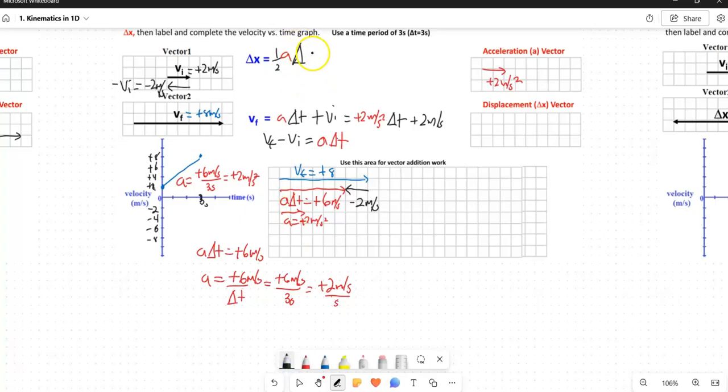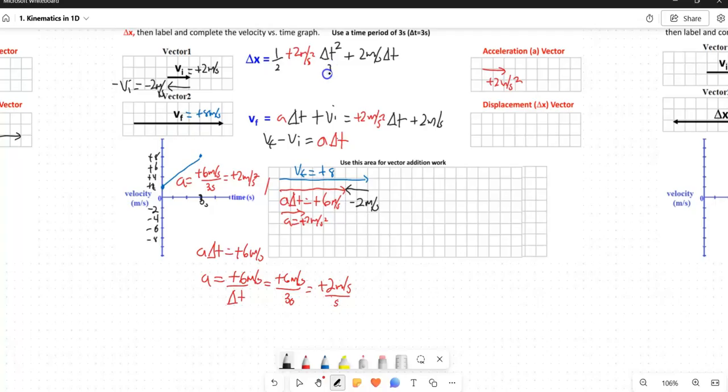And you know what? Let's go directly to the equation, putting our values in. 1/2 the acceleration, which is positive 2 meters per second squared, times delta t squared.